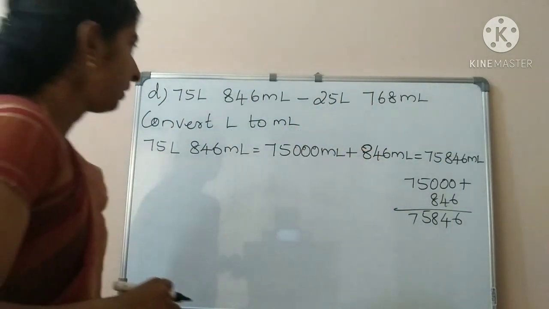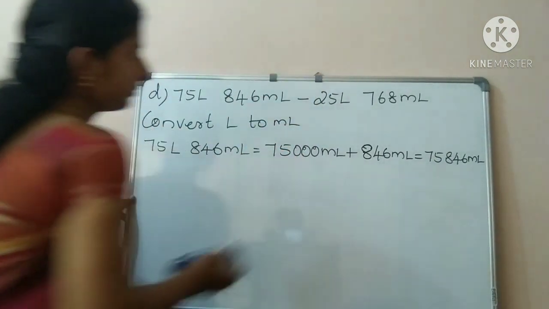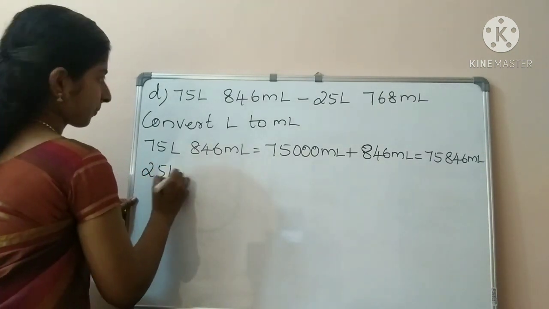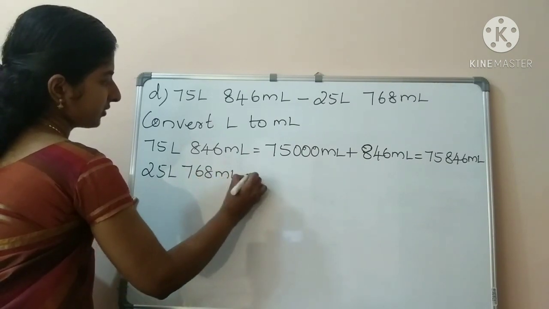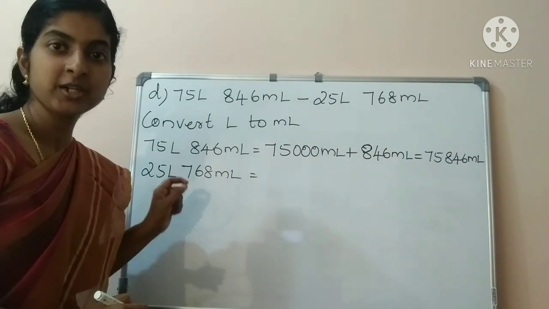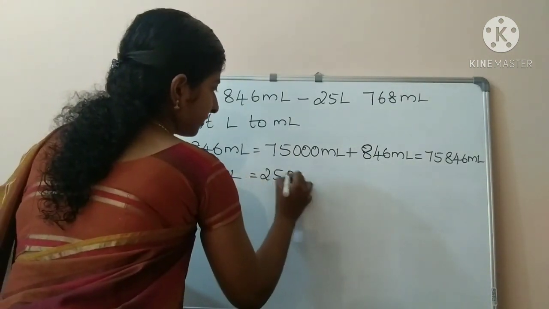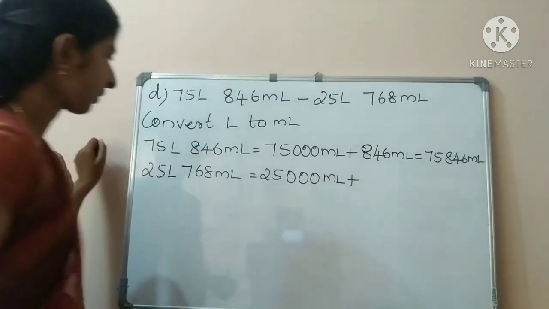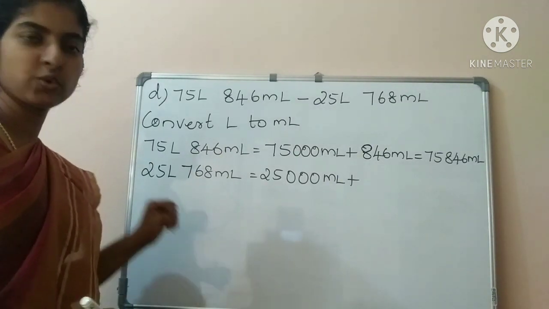Okay, then next, first term over, then second term, that is 25 liter 768 milliliter is equal to 25 liter, how many milliliter? 25,000. 25, then 3 zeros. 25,000 milliliter plus 768, already in milliliter, so there is no change.